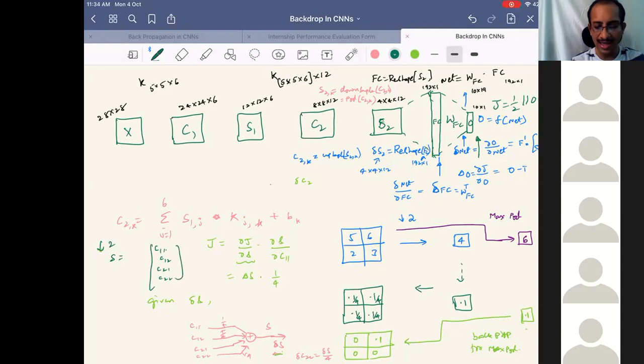Considering this block as the convolution output, and S is formed by a downsampling operation. That means it is multiplied with 1/4, 1/4, 1/4 and 1/4, right? And this is the forward operation.